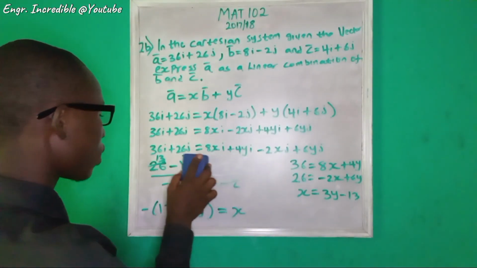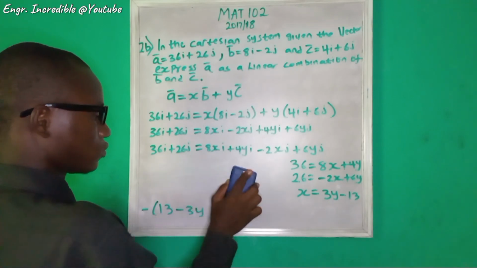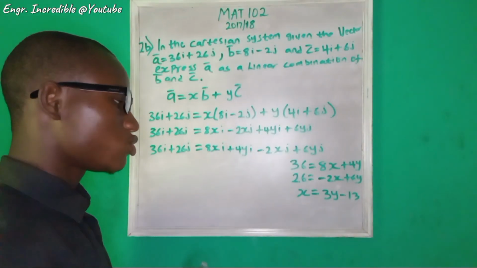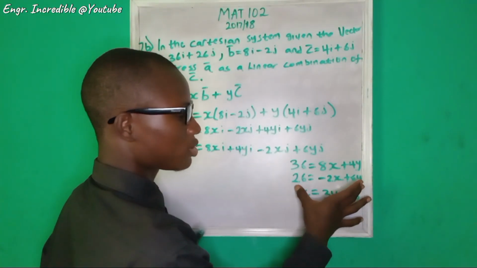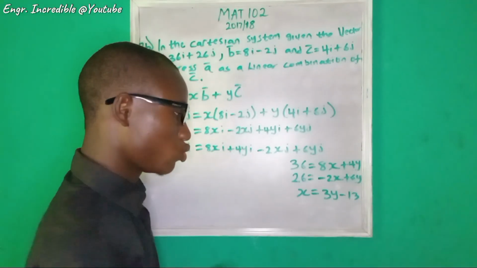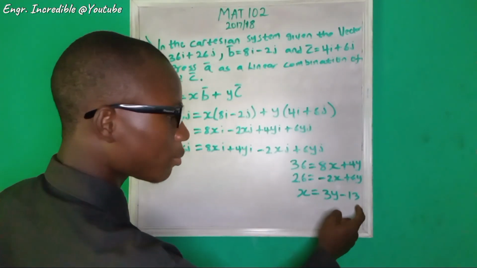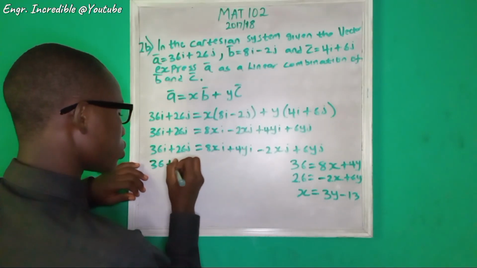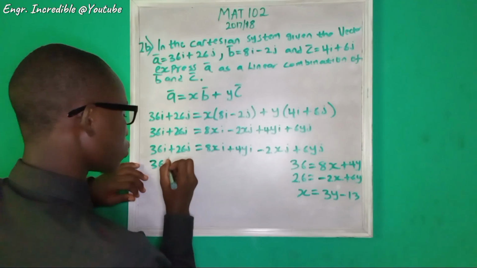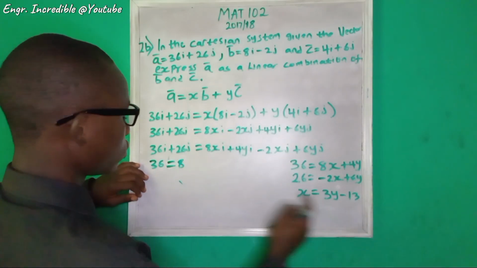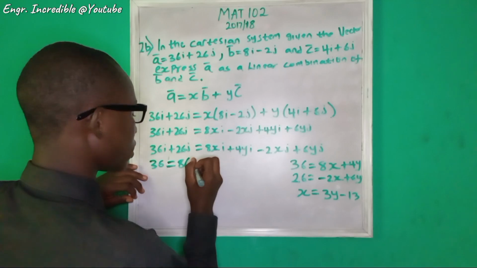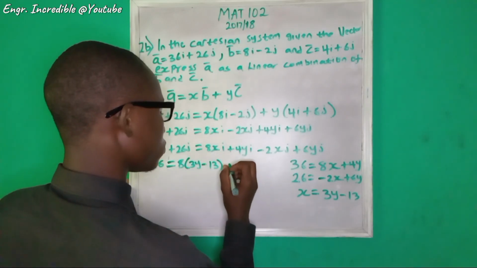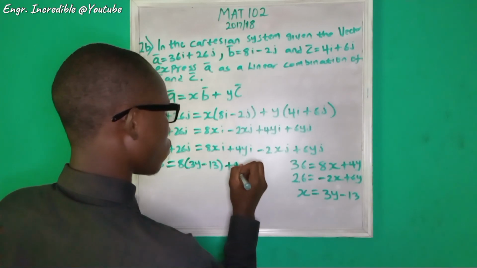So now what we are going to be doing is substituting the equation we brought out from the second one into the first one. So anywhere we see x, we put 3y minus 13. So in the first one we have 36 equals 8, now x equals 3y minus 13, so we have open brackets 3y minus 13, then plus 4y.